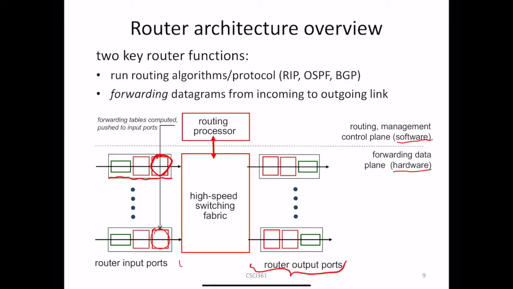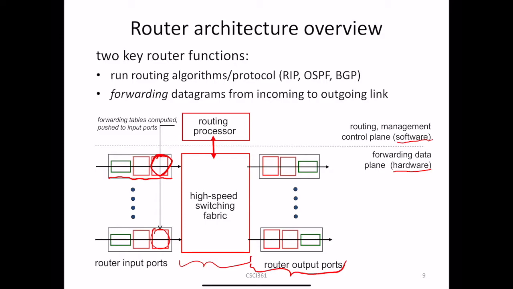And in the middle is the high-speed switching fabric. This part will receive the packets from the router input ports and deliver them to the router output ports.